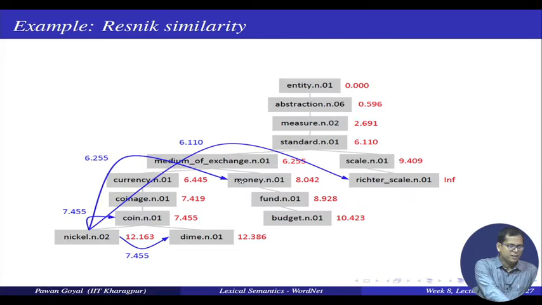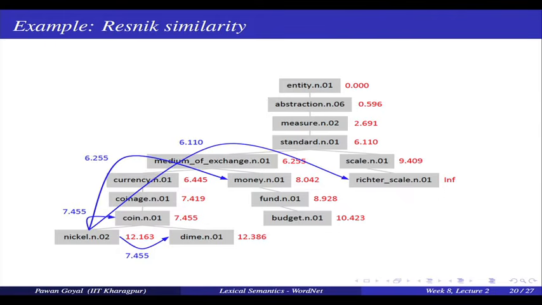Now nickel and money, similarity would be the information content of their LCS, that is medium of exchange. So it would be 6.255 and so on. Okay. So now immediately you can see that as you keep on going up in the hierarchy, the similarity will be decreasing.